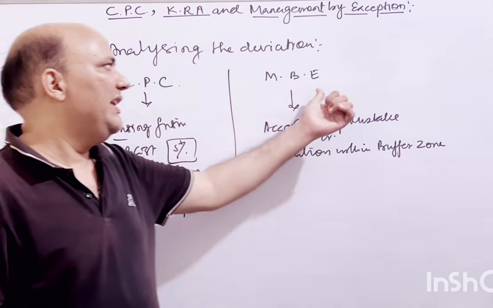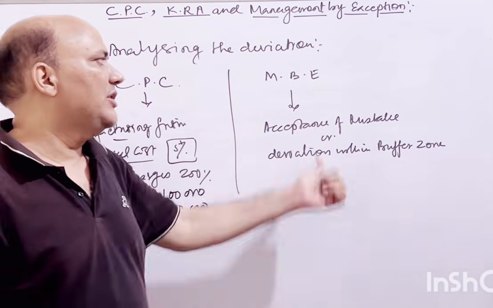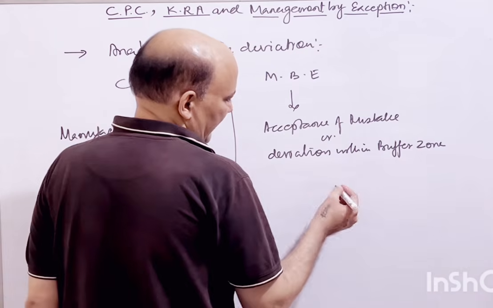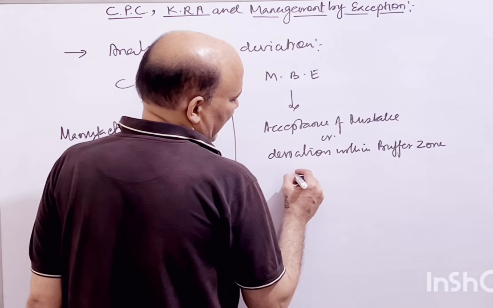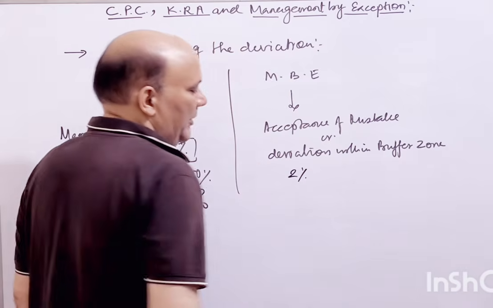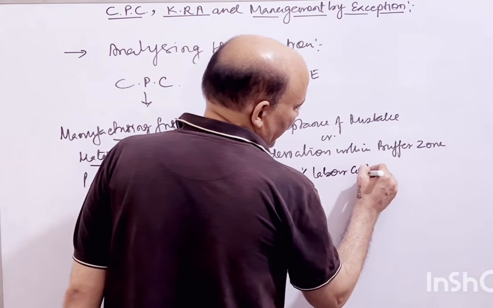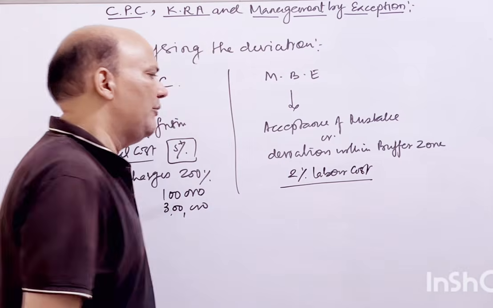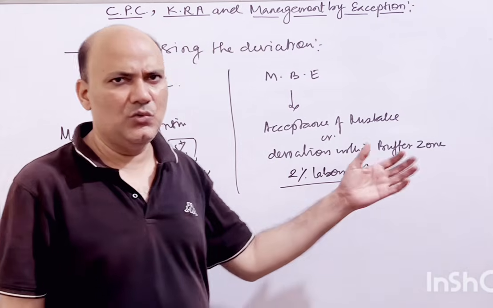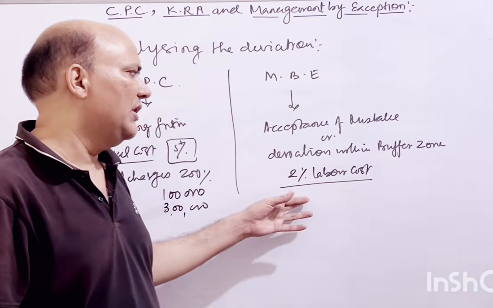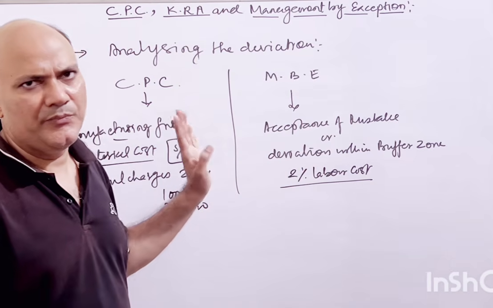So this MBE is a tool that is related to that. Let's say I have given an example. Let's say they are saying 2% labor cost increase, if the salary, wages, etc. increase 2% year on year, that is acceptable to the management, right?